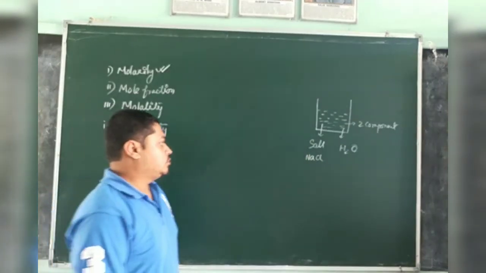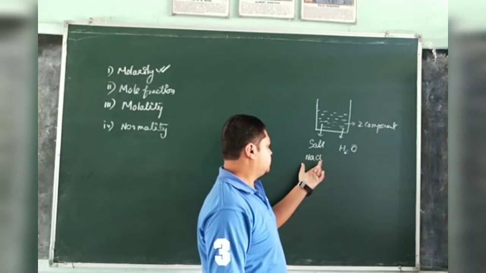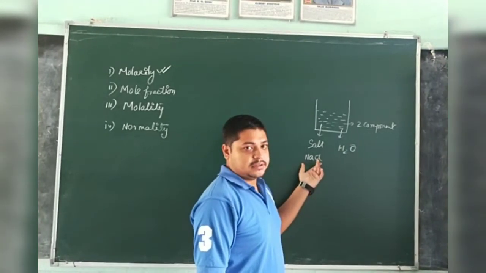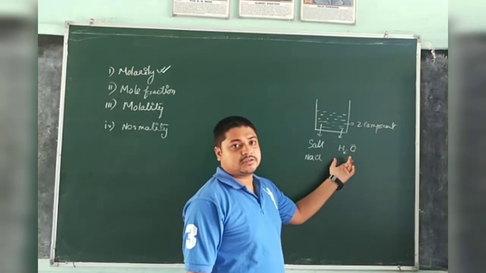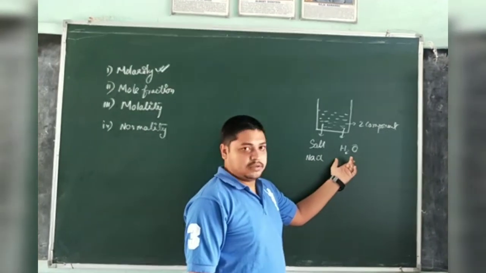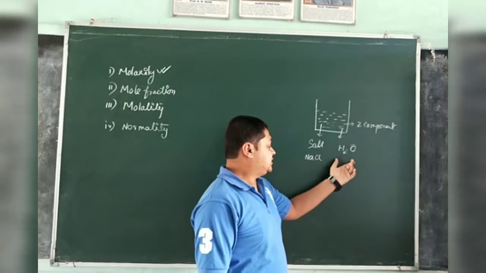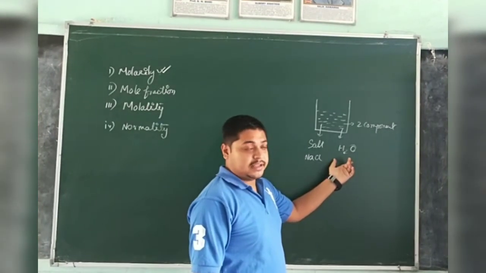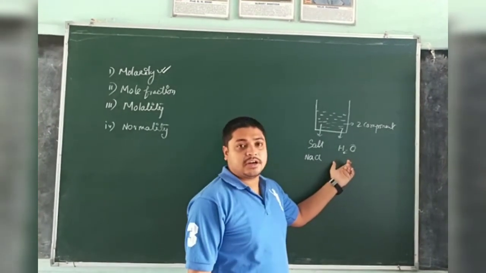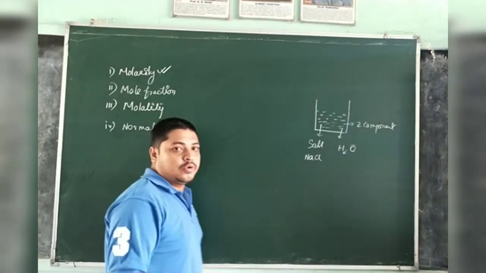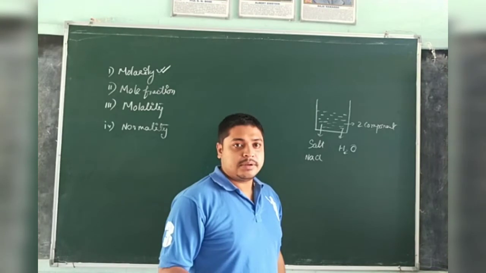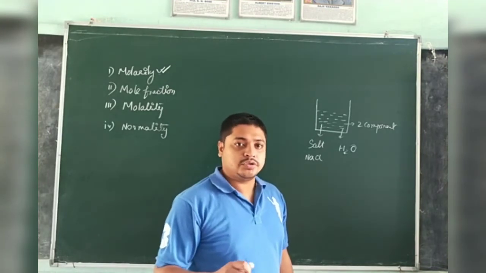So how much amount of NaCl is added in water? This is called concentration term, and we express the concentration term in terms of molarity. So molarity means number of mole of solute per liter of the solution.